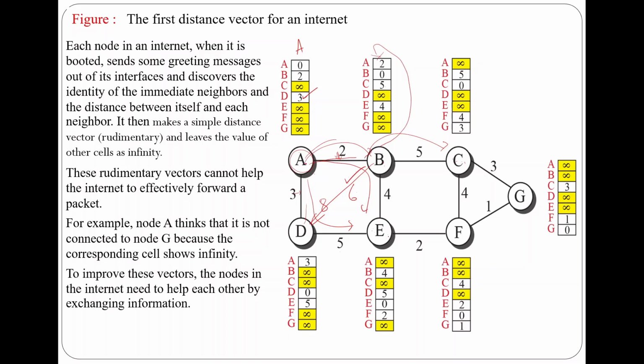From E to A, what is the cost? It is infinity in the first hop, but in the next hop, if you want to reach A from E, which path do you prefer, this path or this path? There are two paths available. If you go by this, it will be 6. If you go by this, it will be 8. Which path do you prefer? Obviously the least cost path only.